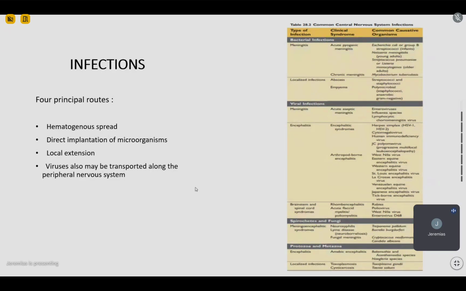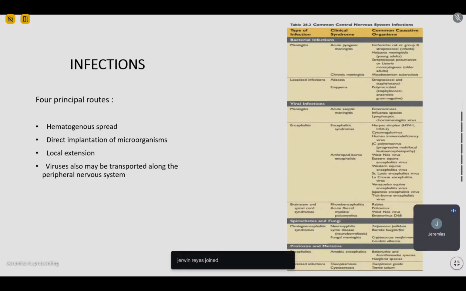So four principal routes wherein microbes can enter the nervous system. Hematogenous spread is the most common, through sa blood, or direct implantation of microorganism, which is most often traumatic but can be sometimes associated with congenital malformations, just like katong meningomyelocele nga malformation.